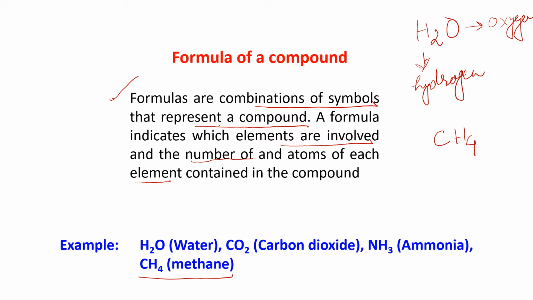The symbol of carbon is C, and the symbol of hydrogen is H. The second point is that a formula indicates which elements are involved: carbon and hydrogen. How many atoms of carbon? 1. And how many atoms of hydrogen? 4. So this is what a formula is representing.